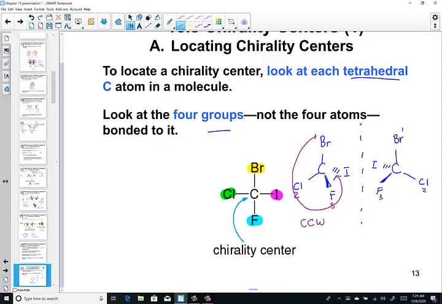How about that? CCW, counterclockwise. And when I connect these 3 attachments, I can see that it's a clockwise spin. Therefore, these are non-superimposable mirror images. And that's our very definition of a chiral center.